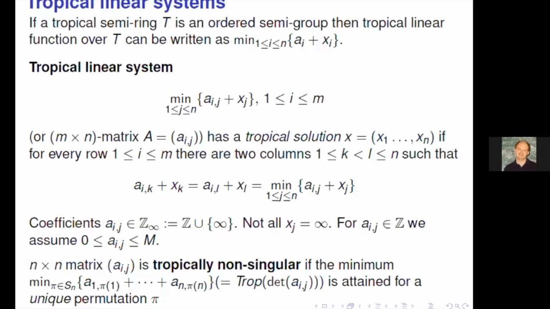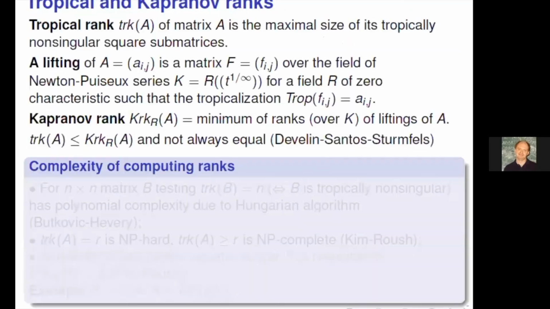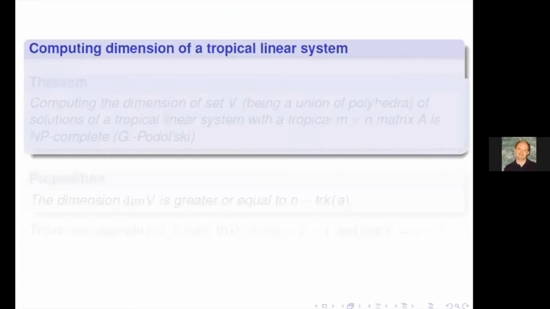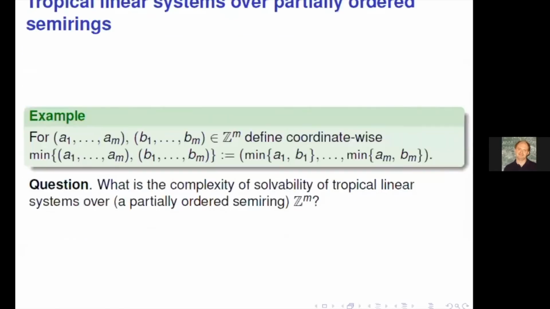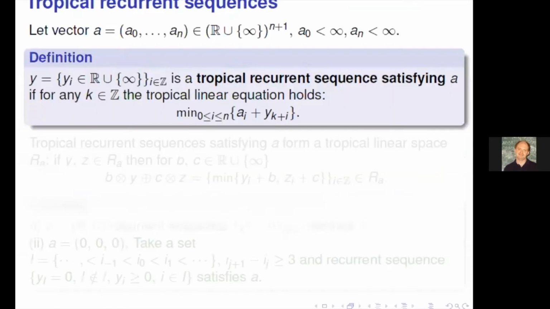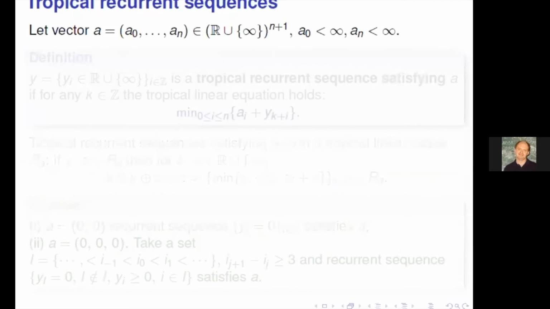Okay, now because I don't have much time, I will skip the survey on the tropical linear algebra, which is very nice, and now proceed to tropical recurrent sequences.